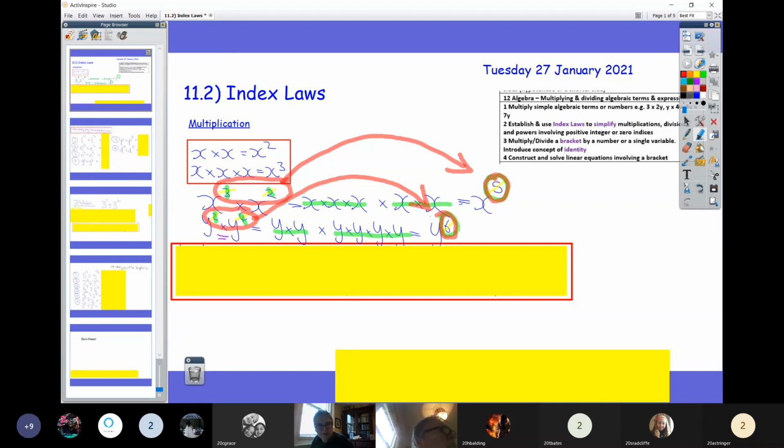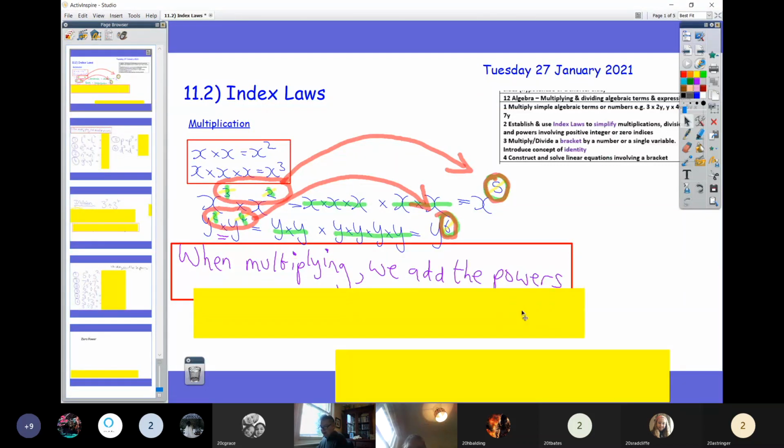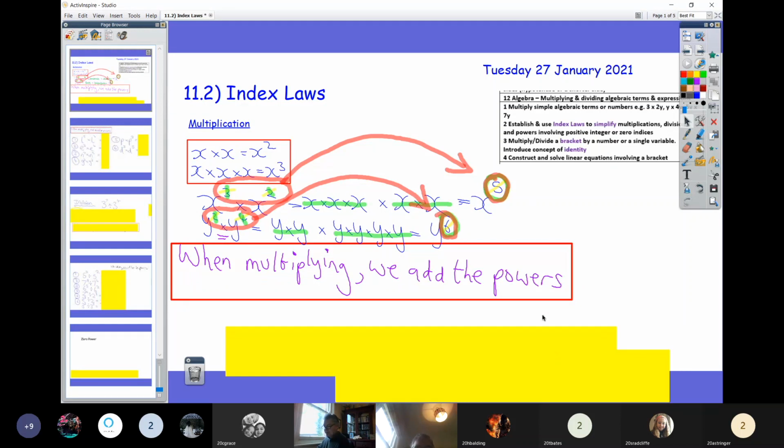So when you're multiplying numbers with powers, you add the index. That is our first law. When you are multiplying, we add the powers. So x cubed times x squared is x to the power of 5. y squared times y to the power of 4 is y to the power of 6.